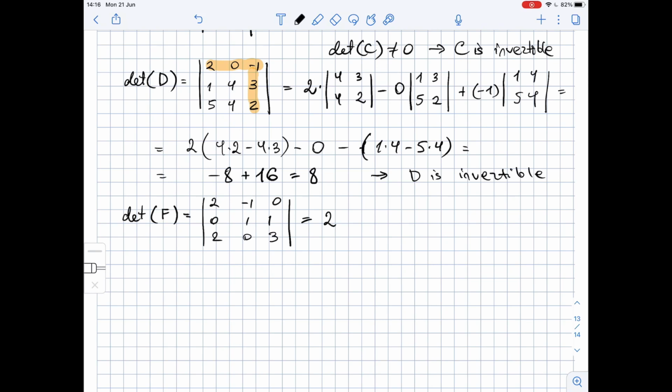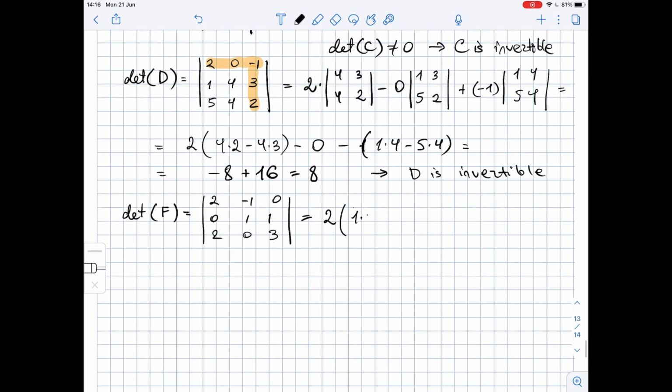So here we have 2 times 1 times 2 times (1 times 3 minus 1 times 0) minus negative 1 times (0 times 3 minus 2 times 1), and plus 0. Well, let's do the calculations.